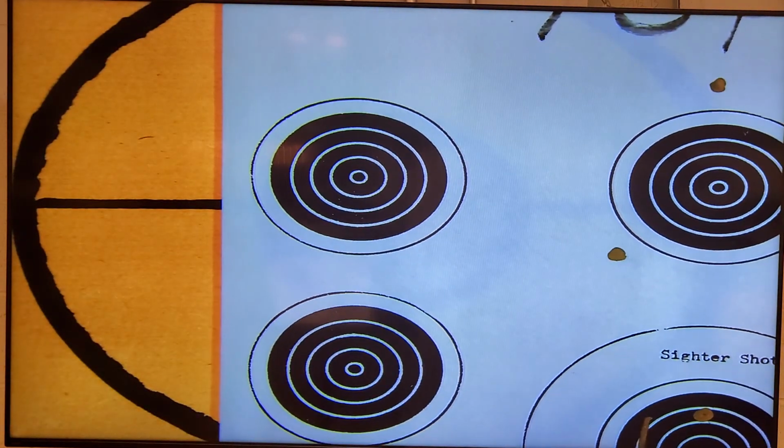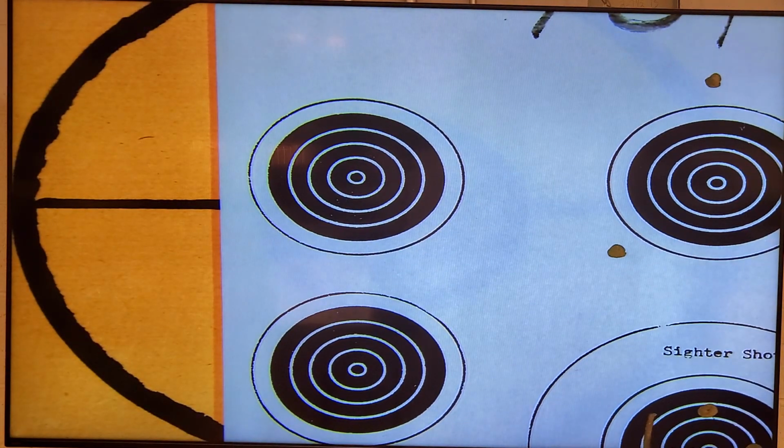When you're adjusting, particularly if it is a major adjustment, don't be afraid to put all the clicks on the gun.